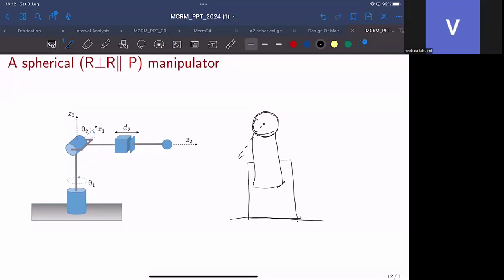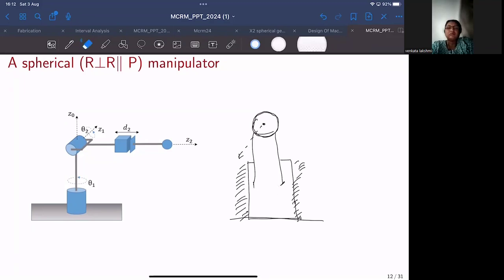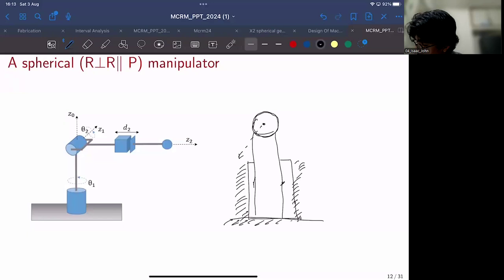This is basically part of the ground. So how many links do we have? We have the ground link. This entire thing is the ground link. You can consider this to be link 1, which will rotate about a vertical axis.